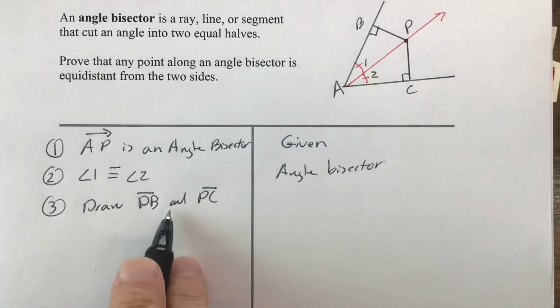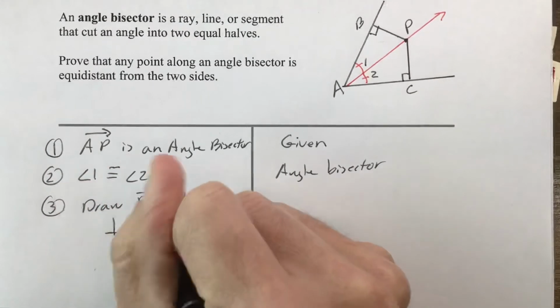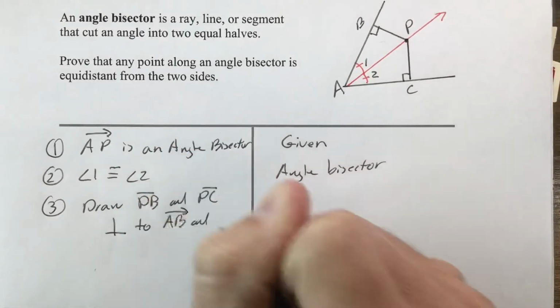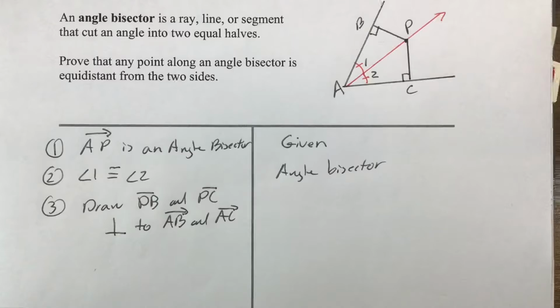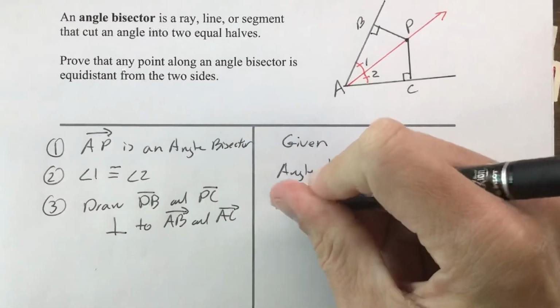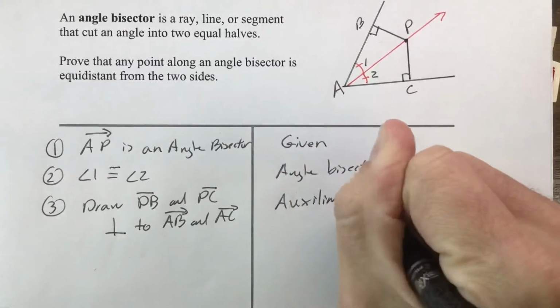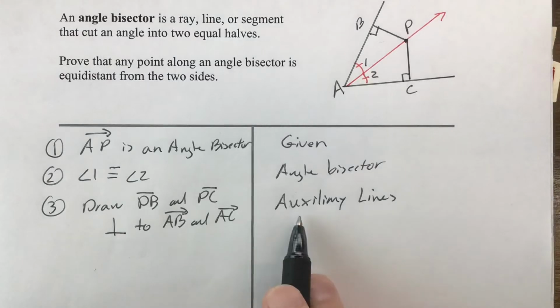I'm going to draw PB, PC, perpendicular to AB and AC. I'm going to choose to do that, and that would be called auxiliary lines.